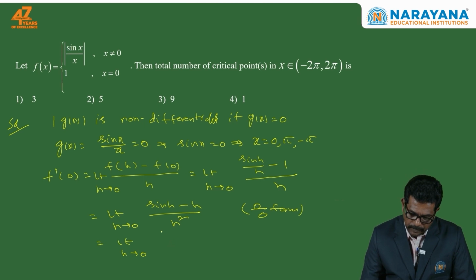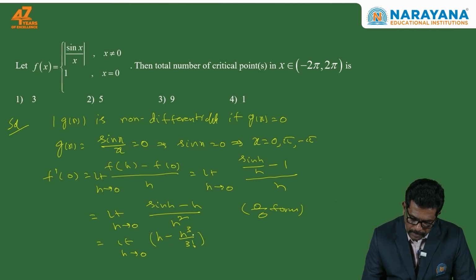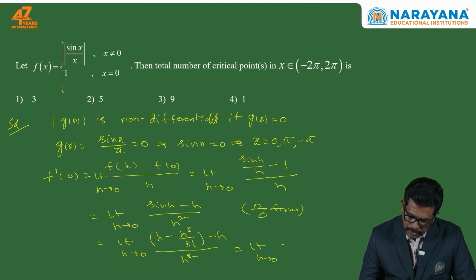Using the sin h expansion, h minus h cube by 3 factorial, minus h, upon h square. Now this is equal to limit h tends to 0 of minus h by 6, which is equal to 0.